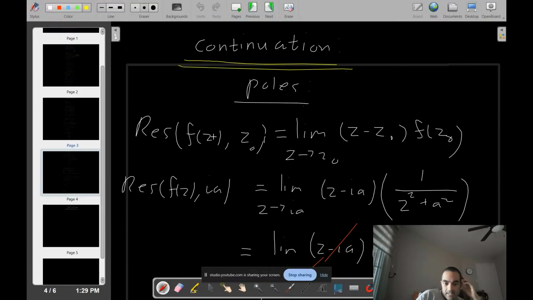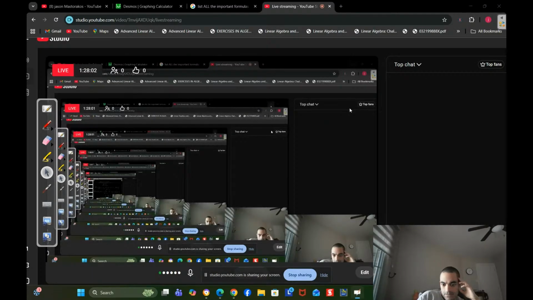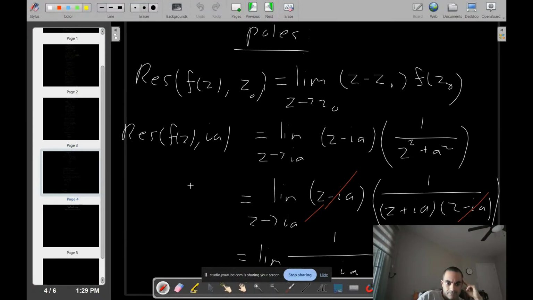We know the formula is the limit as z approaches z0 of z minus z0 times f of z. Input z0 as ia, so now it becomes the limit as z approaches ia of z minus ia times our function, 1 all over z squared plus a squared.